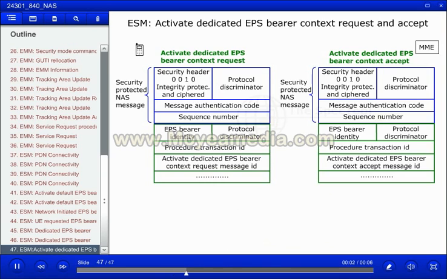Here, the activate dedicated EPS bearer context request and activate dedicated EPS bearer context accept messages are illustrated.